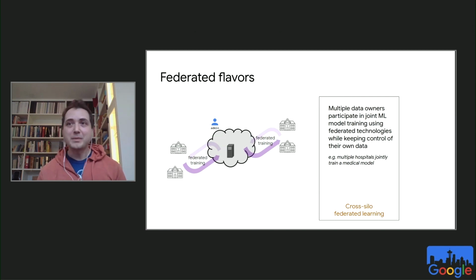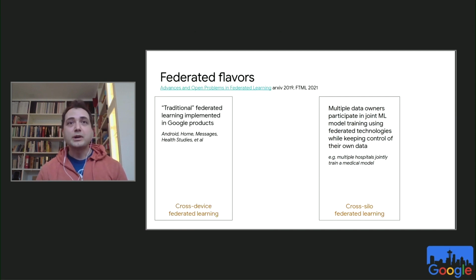Like each hospital has their own medical records, and they work together to learn a centralized model. These two settings have been explored pretty well in the literature, including in the Advances and Open Problems in Federated Learning paper, which many of you are co-authors on, thank you, that came out of the version of this workshop we hosted in 2019 and was published in FTML this year.